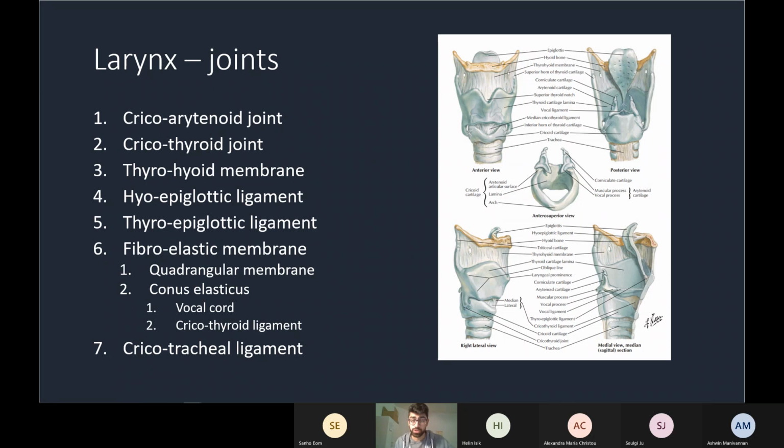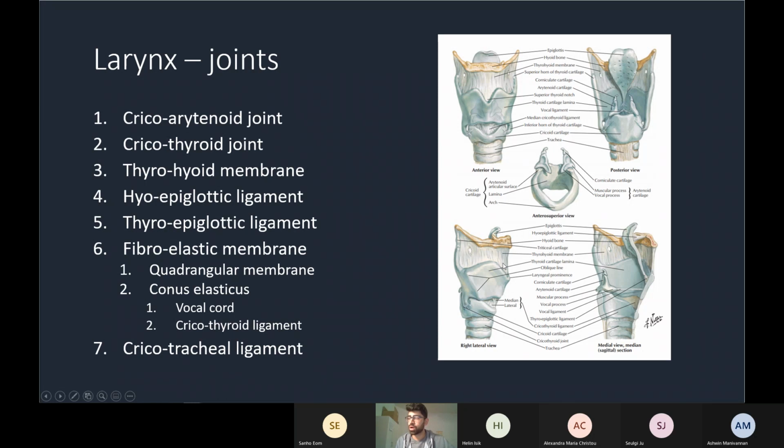Then we have the cricothyroid joint. The cricothyroid joint is located between the cricoid cartilage here and the thyroid cartilage, so we can see it quite nicely here. This is the cricothyroid joint, and as you can possibly tell, this moves the thyroid cartilage. It tilts forward or backwards, so oscillatory movements. Then we go into the membrane.